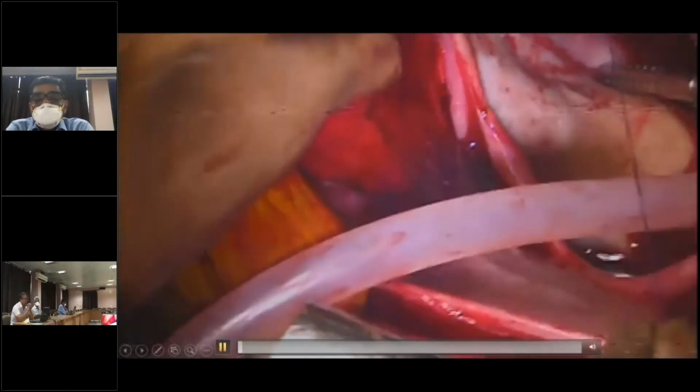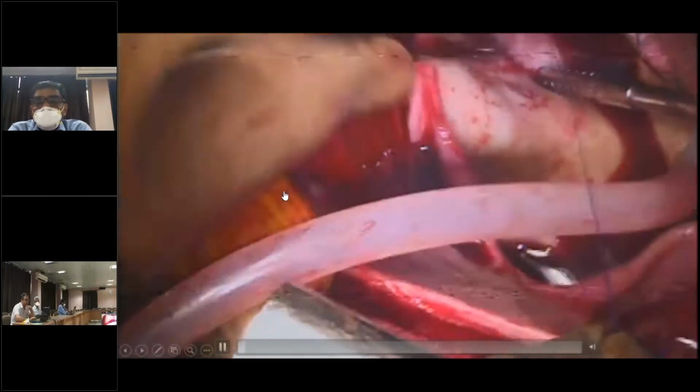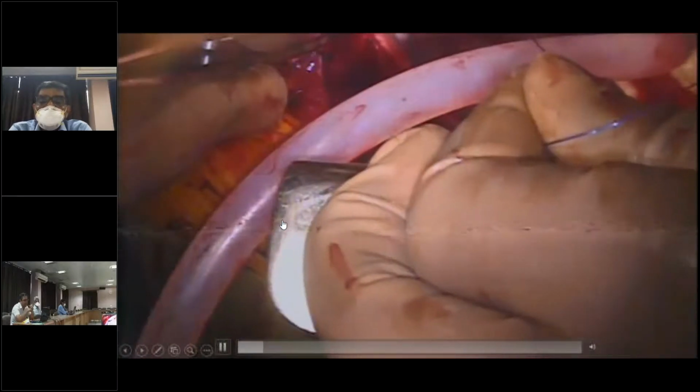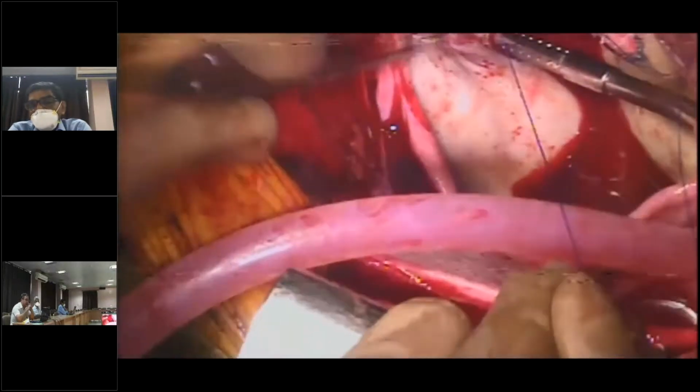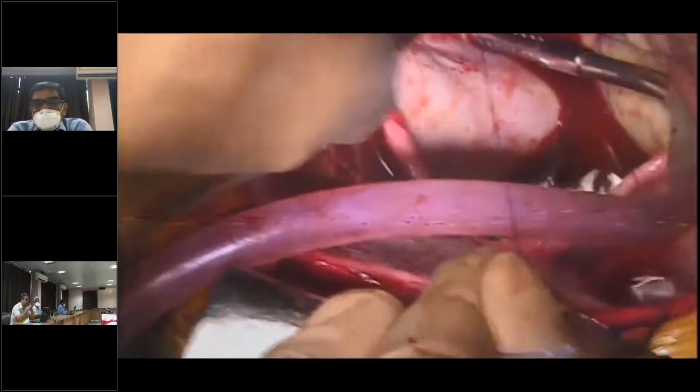So this is the open left atrium through which we are seeing inside the left atrium. You can observe the thin character of the left atrial wall. You will see it better in few seconds. So what I'm trying to do is I'm trying to close the left atrial appendage. So these are deep sutures which are placed anteriorly.